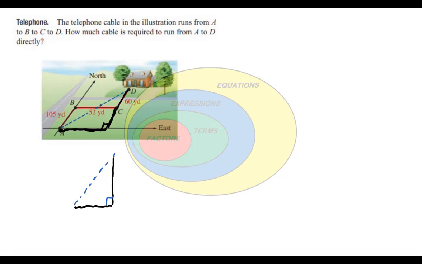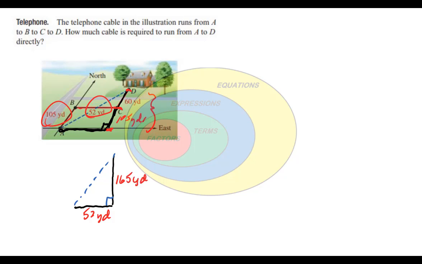The base is the same as the distance here, so this would be 52 yards. And the side from D to here is 60 yards, and the rest of the distance would be the same as 105 yards. So the total distance on that side of the triangle would be 165 yards.